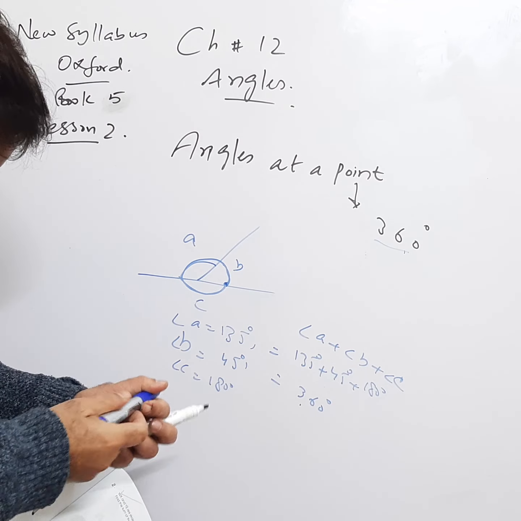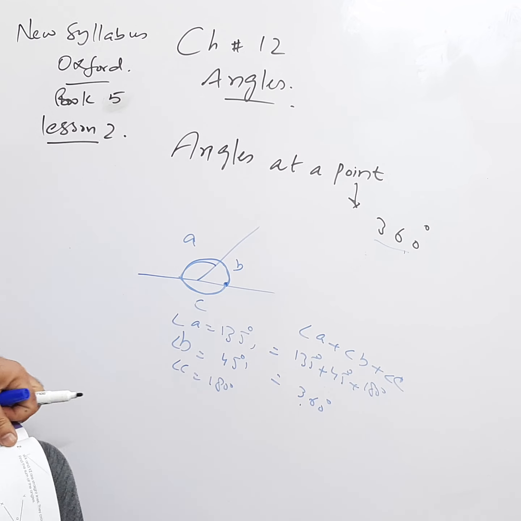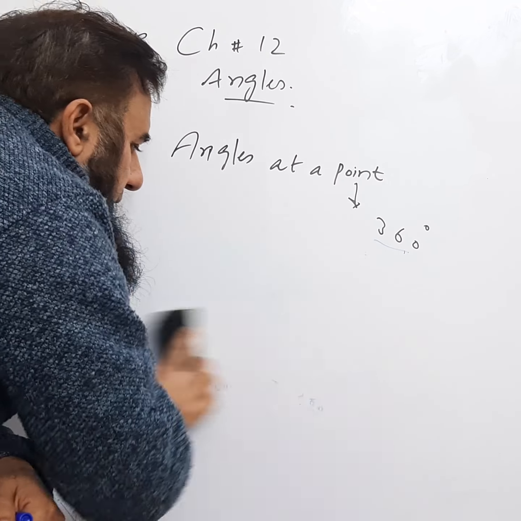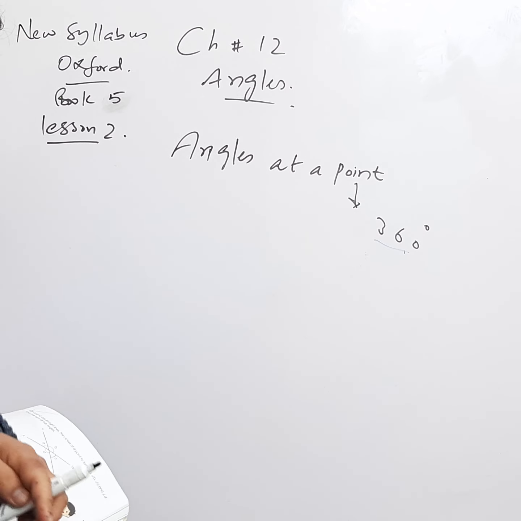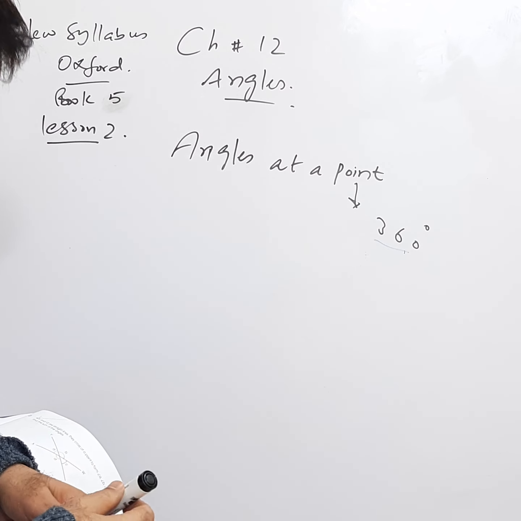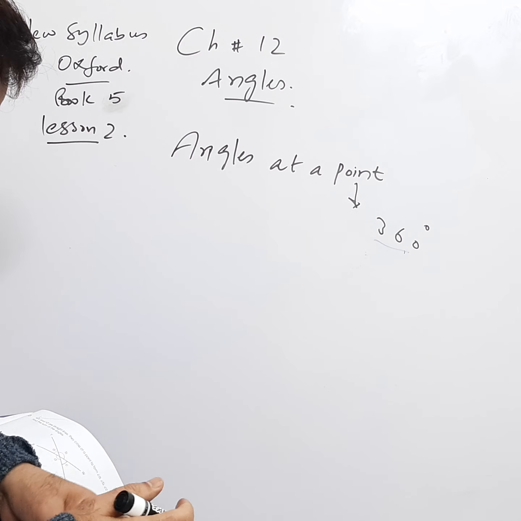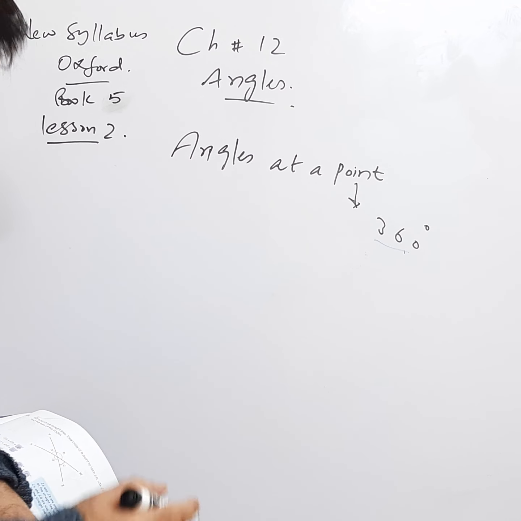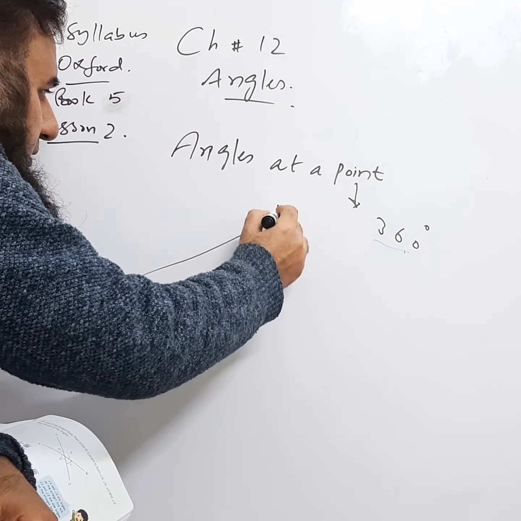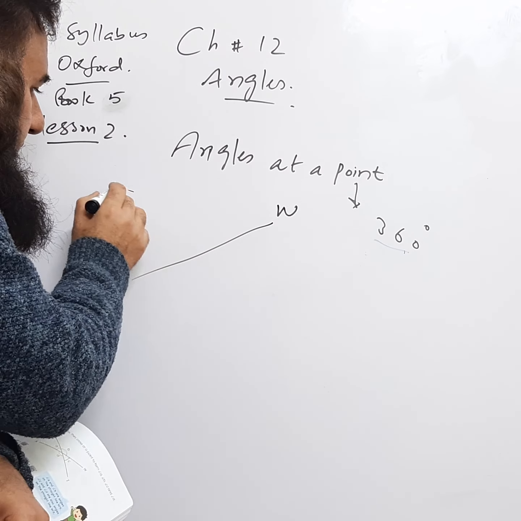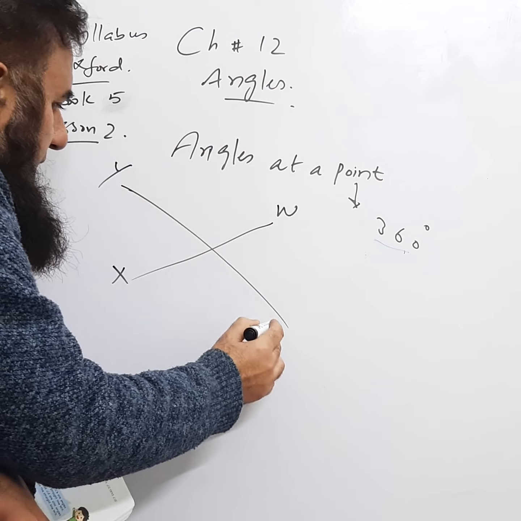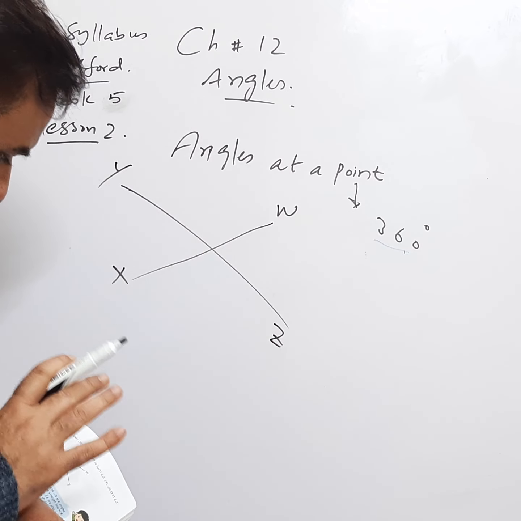Then on page number 244, we will see what is there. They are saying WX and YZ are straight lines. WX is a straight line, it is given, and YZ is a straight line, it is given.